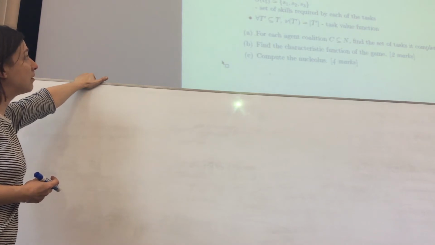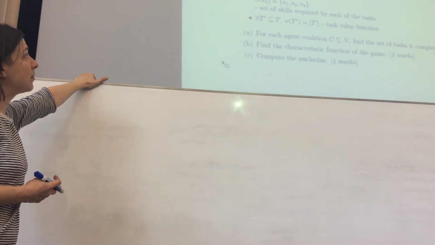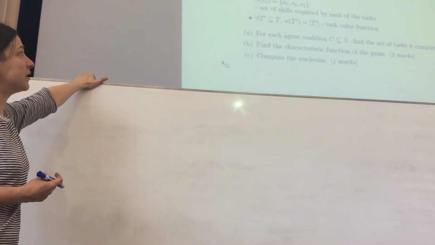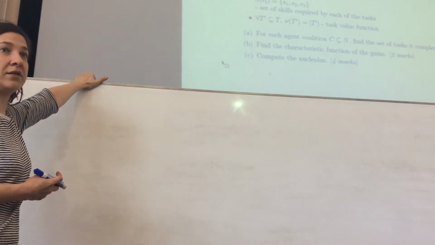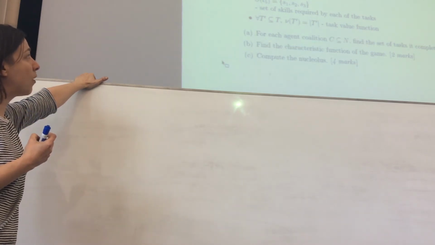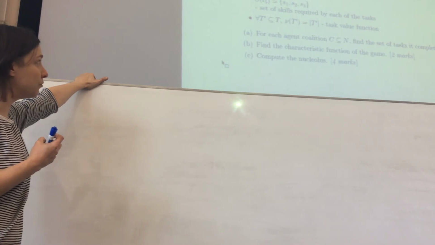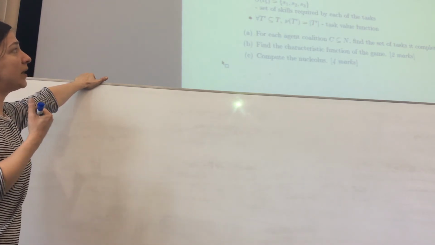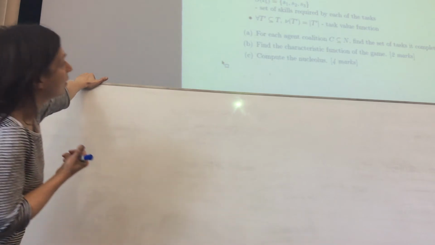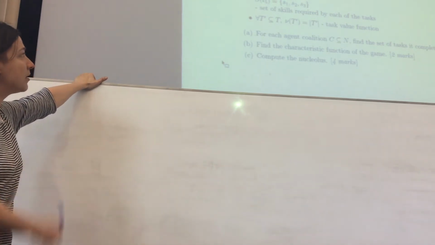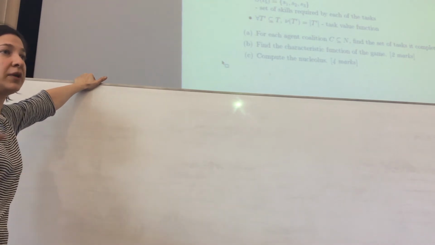Then players 1 and 3 can complete T3 and T1 together, 2 tasks. 1 and 4, 1 and 2, T1 and T4, 2 and 3, only T3. Sorry, that's only T2. Okay, and all of them can complete all the tasks.